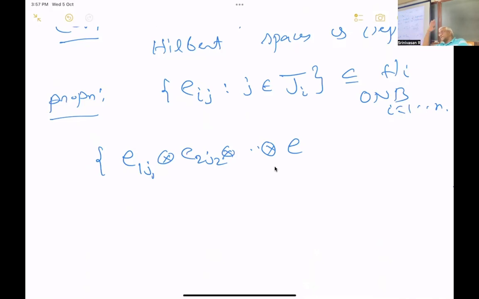So if you want some dense subset of a big space, if you close a set, why should it give the whole space? No, I'm not saying it will give the whole space. Maybe it will be dense. If you take the closure, how will it give the whole space? If you take a dense subspace and take the tensors, why should it be dense there?